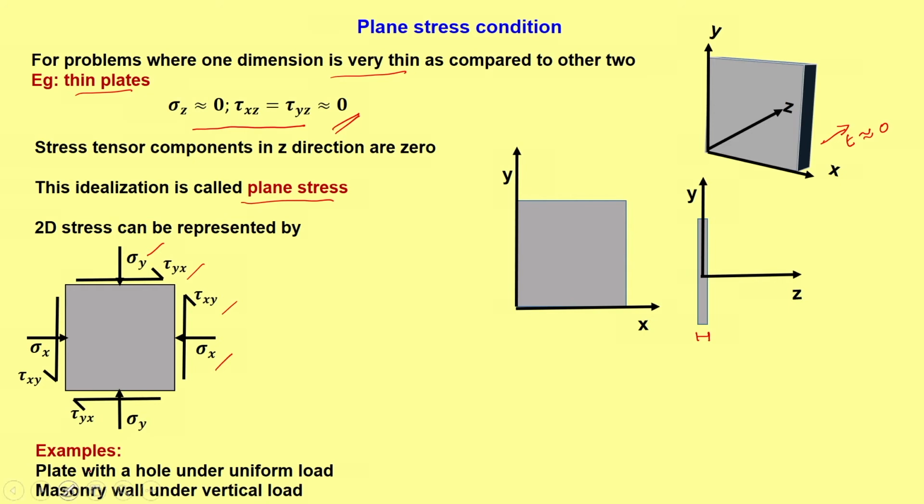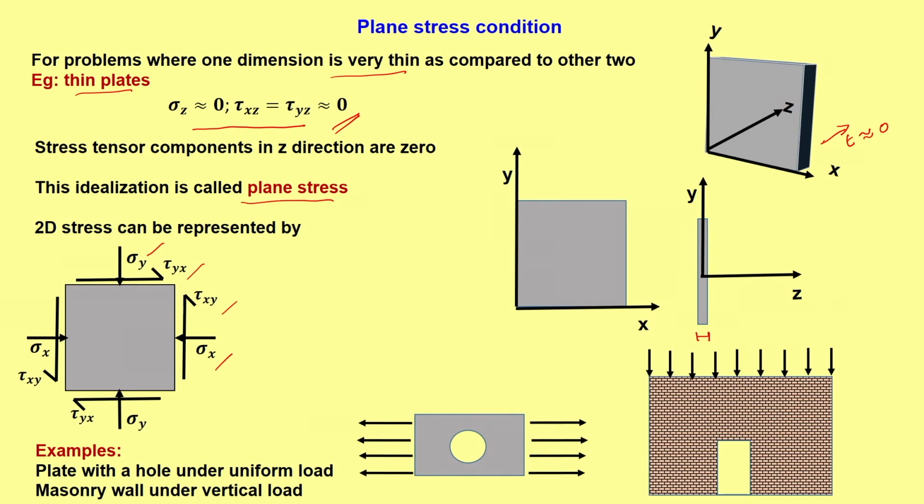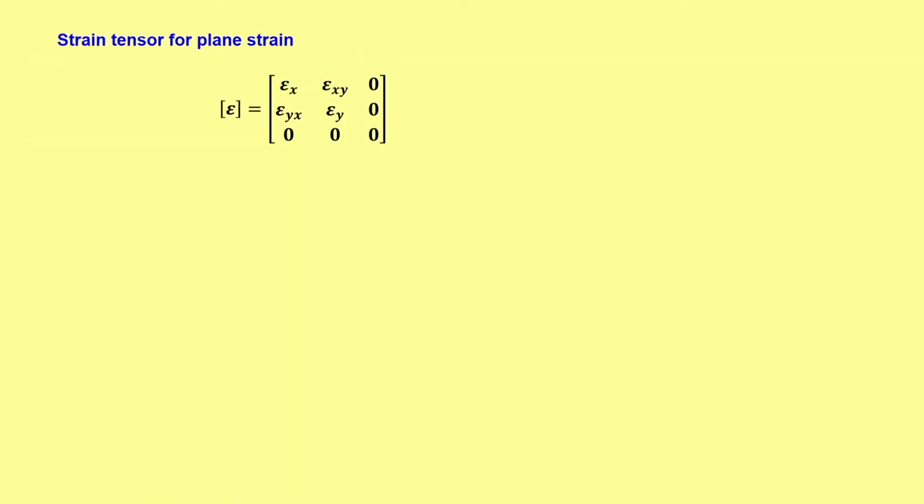So, what are the examples? Example is a plate with a hole under uniform load, as you can see here, and a masonry wall under vertical load, as you can see here. So, these are some of the examples where you can approximate the given problem to 2D plane stress. So, the strain tensor for plane strain can be written in this manner.